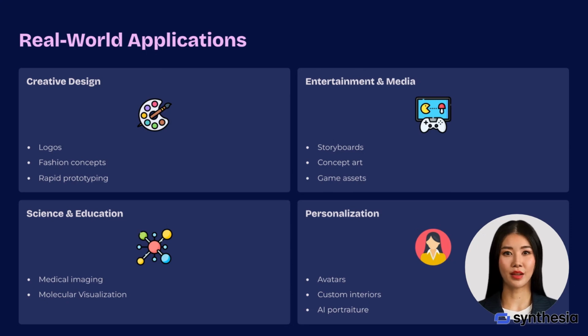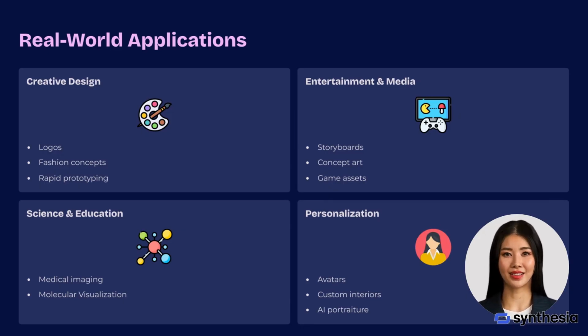When we look at diffusion models in the real world, they aren't just fun tools that turn text into pictures. First, creative design. Artists and designers use them to brainstorm ideas quickly. Imagine being able to sketch 10 different logo concepts in seconds or explore new fashion styles without touching a pencil. Second, entertainment and media. Movies, animations, and even video games use diffusion models to generate storyboards or entire fantasy landscapes.